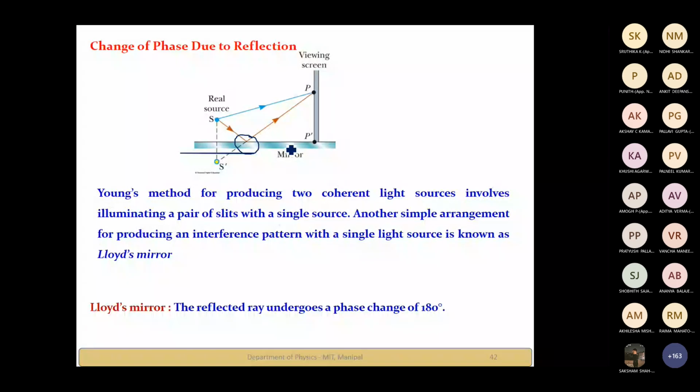So wherever you have seen the bright fringes in Young's double slit experiment, at the same positions you will see dark. Wherever you are dark in Young's double slit, you will see bright. So that indicates that any reflected ray undergoes a phase change of 180 degrees. Okay. So this also confirms the change of phase of light waves upon reflection.